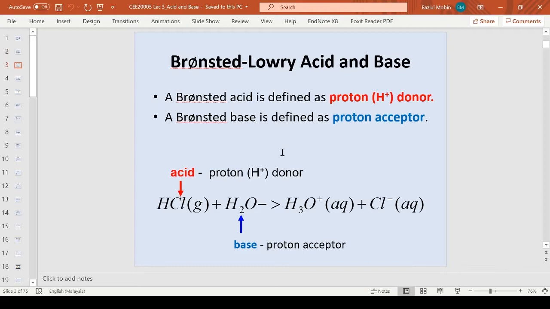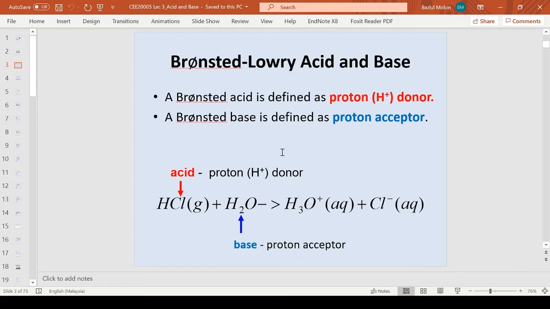Okay, so we already know that an acid is a proton giver or donates protons, and a base donates hydroxyl ion, based on the Arrhenius theory. But here we want to see more about the Bronsted and Lowry acid and base. Based on Bronsted and Lowry, an acid is a proton donator.